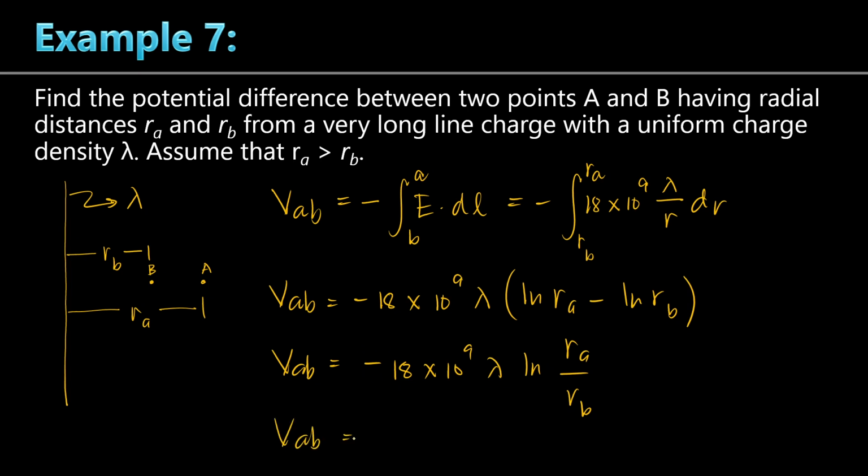So, VAB is equal to 18 times 10 raised to 9 lambda ln of RB over RA. That's it. We now have the expression for finding the electric potential difference between 2 points due to a very long line charge na mayroong uniform charge density.